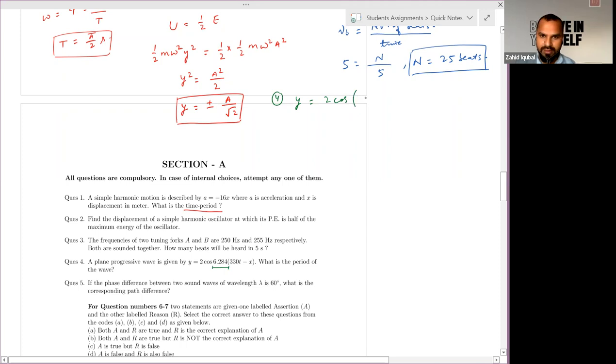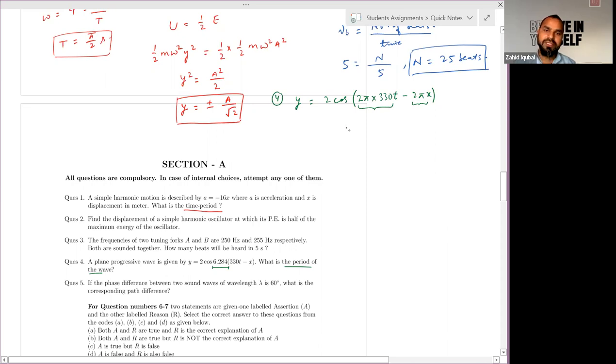So you'll get 2π multiplied by (330t) minus 2π times x. So this will be your general expression. Now, the coefficient of t in this part will be ω and the coefficient of x will be k. We have to calculate the period of the wave, that is the time period.